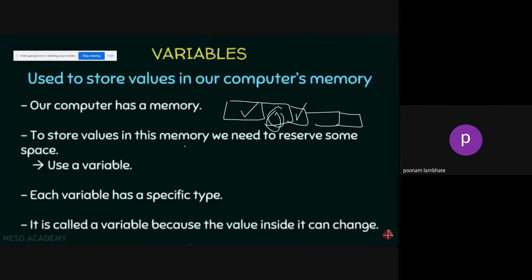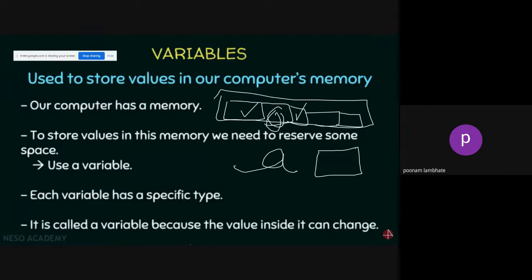To store the values in memory, we need to reserve some space. Now, you know you can store some value in a variable, but what is the actual meaning of variable? The actual meaning is that there is some location inside your computer memory that will be given for a particular variable. Suppose you have a variable with the name A, then this variable A has certain space which it will occupy inside this block of memory.